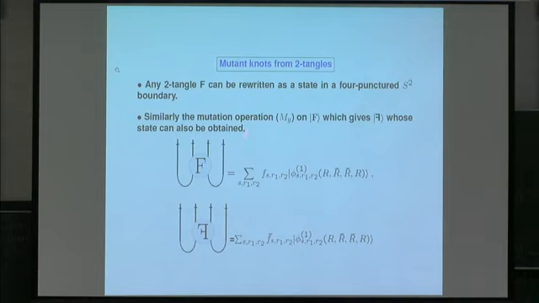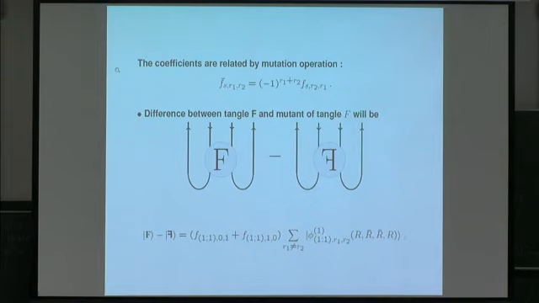Similarly, if you do a mutation operation, rotation by 180 degrees about the y-axis on a state F, it goes to this, and that state will have a different coefficient. Okay, but you know that the mutation on the state should give me this. Mutation is a set of braiding operations which I have to do on this. So if I do the set of braiding operations on this, I know how each one will give you eigenvalues and so on. So if I do that exercise, I do find that the F tilde is related to F up to a sign.